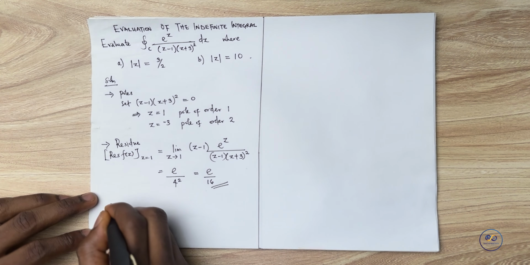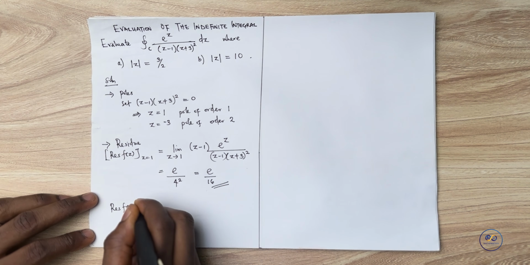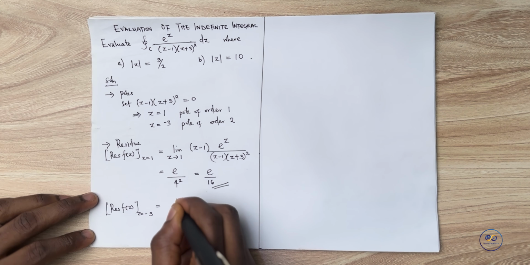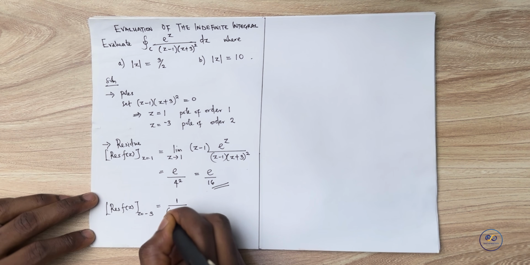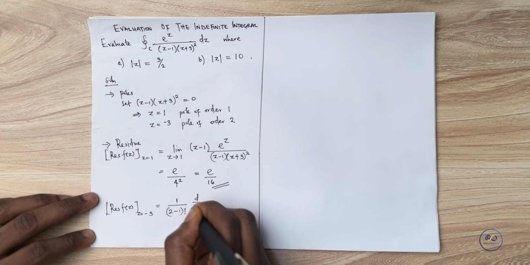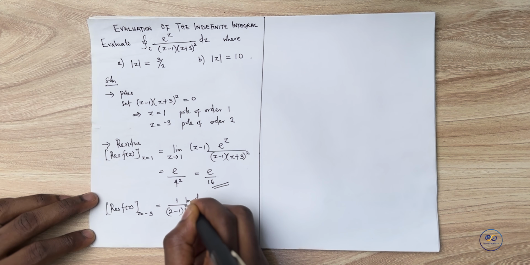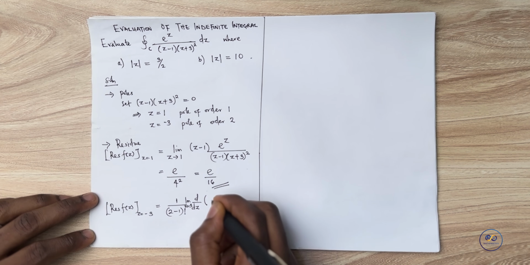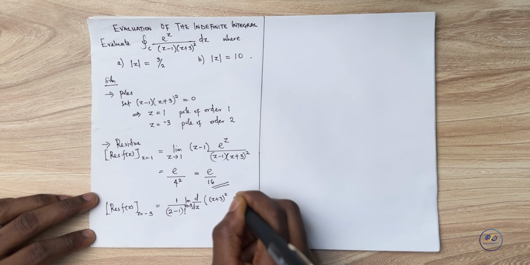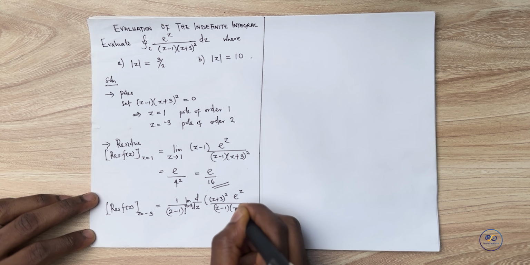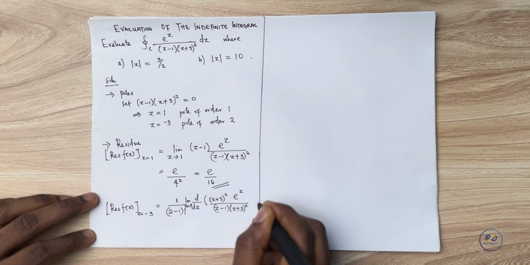Now, we are going to quote the formula. So we have the residue at z equal to minus 3. That is going to be 1 divided by (2 minus 1) factorial, d/dz, of course, of the limit as z tends to minus 3 of (z plus 3) squared e^z divided by (z minus 1)(z plus 3) squared.